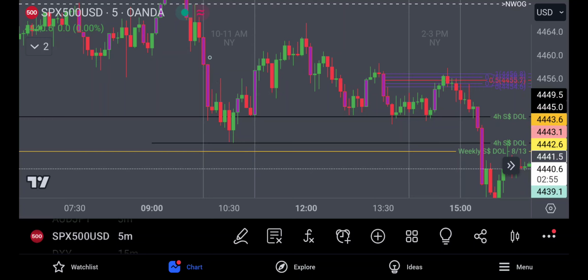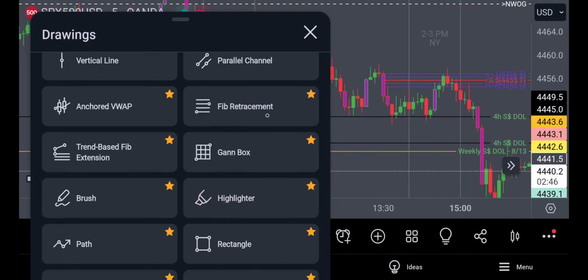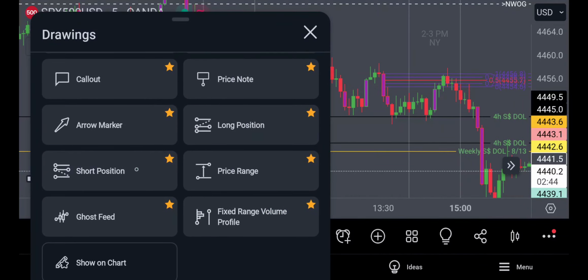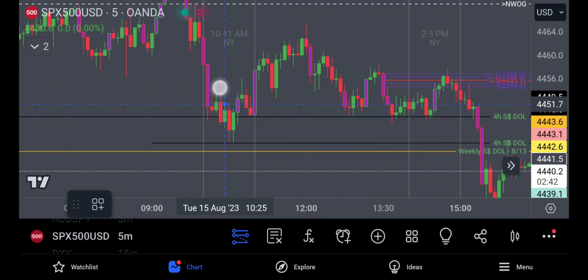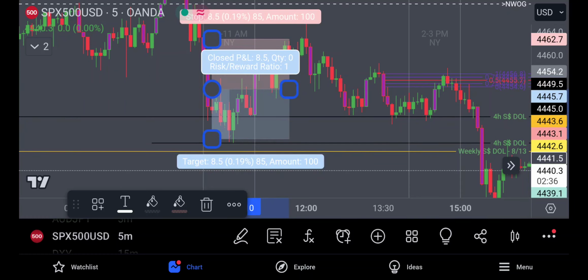Since I will have two back to back here, I would take my trade here. As soon as price taps into this FVG, I would trade there.